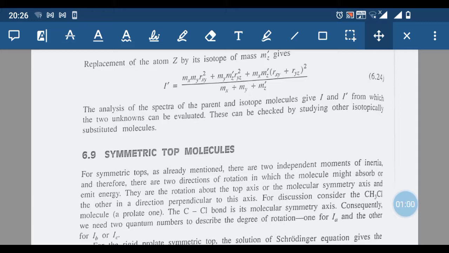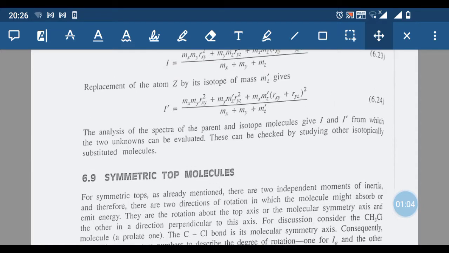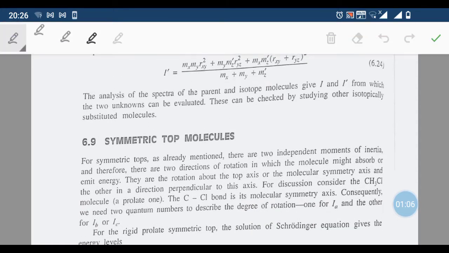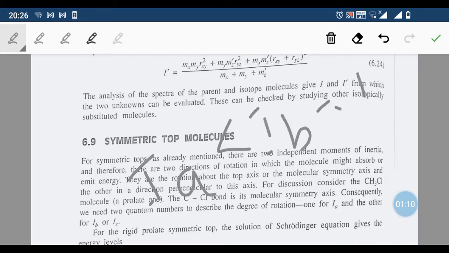And for prolate we know the general condition: for prolate we can write IA is less than IB equal to IC. So in order to describe the molecule we need two moments of inertia, either IA or IB, or IA or IC. Usually we will take IA and IB to represent the moment of inertia, and correspondingly we have two different types of rotational constants.